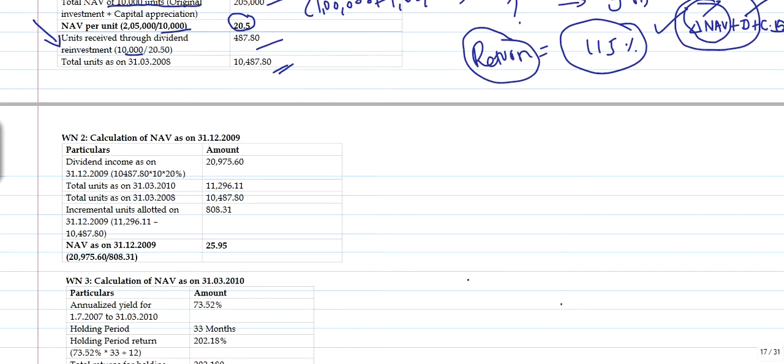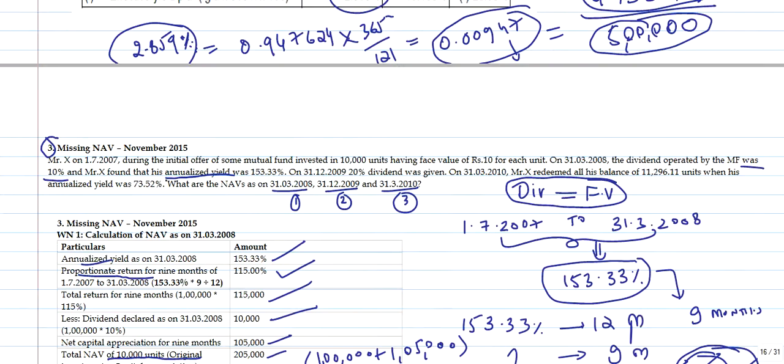Let's move on to the next year's NAV, 31st December 2009. We have the face value of this much. I said dividend is distributed on face value. So next year, on 31st December 2009, a 20% dividend was given.